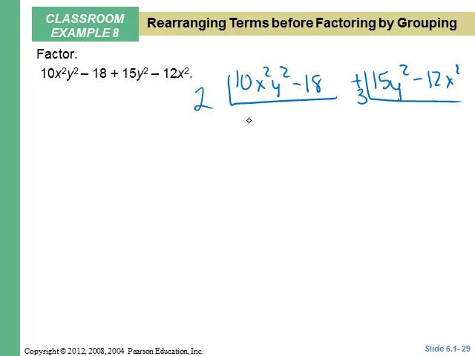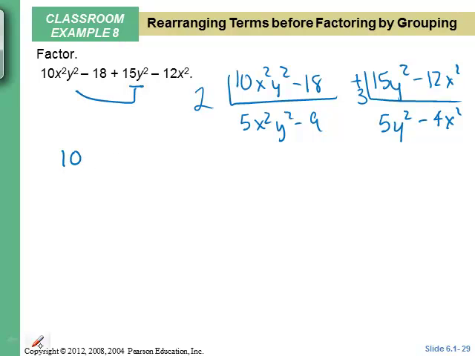We're left with 5x squared y squared minus 9 and 5y squared minus 4x squared. Notice these two do not have their common terms. What we should do is see if we can get the y squared next to the other y squared. So let's rearrange this.